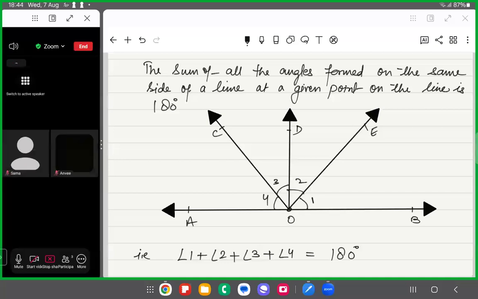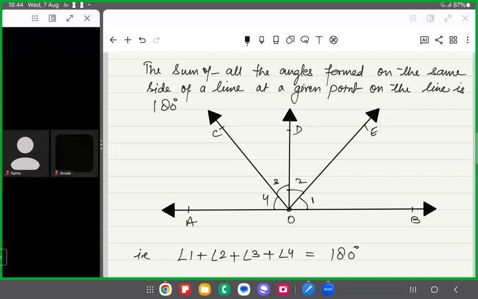So basically, if you want to prove this, you can take any ray. Suppose you are taking this ray OC, and it stands on the line AB. And we have a theorem. What is the theorem? If a ray stands on a line, then the sum of the adjacent angles so formed is 180 degrees.